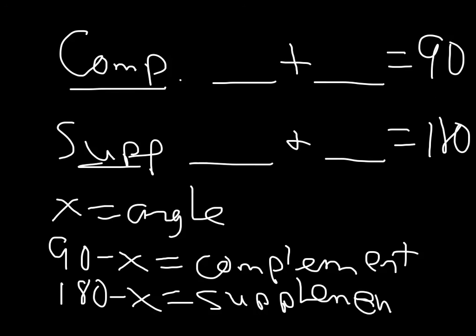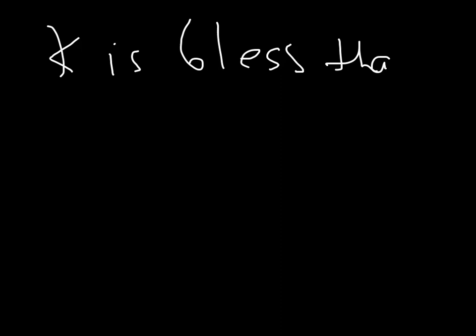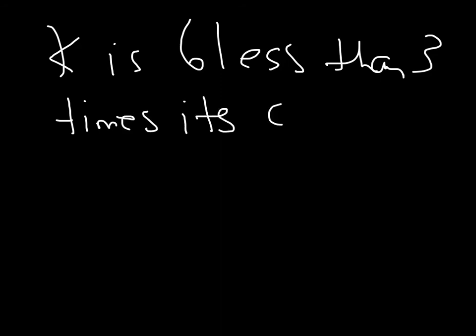And when we have word problems, there are a couple of different ways you can set it up. So for example, if I have an angle that is 6 less than 3 times its complement, so this is method 1.